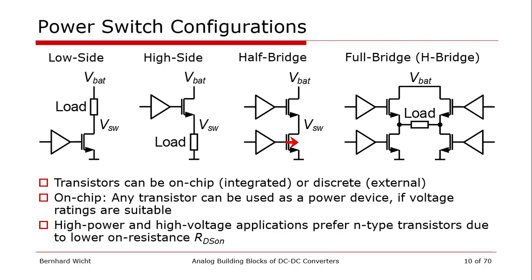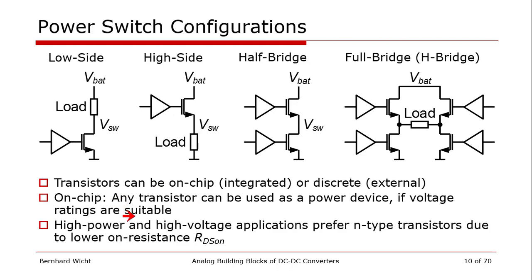This is what we have seen a few slides back in the earlier example. And if you use 2 half bridges, we can form a so-called full bridge, and that looks like the character H, so it's sometimes also called H bridge. Depending on the power level, transistors can be either on-chip, fully integrated, or we use discrete external transistors if the power levels are higher.